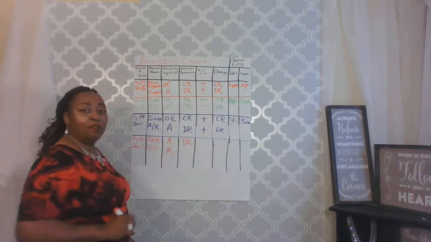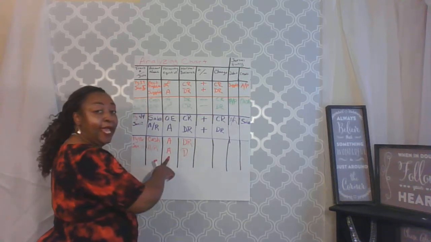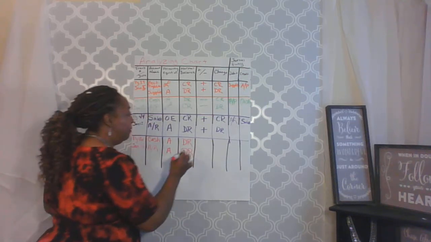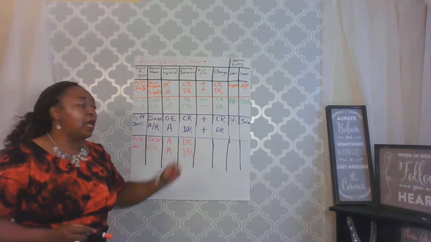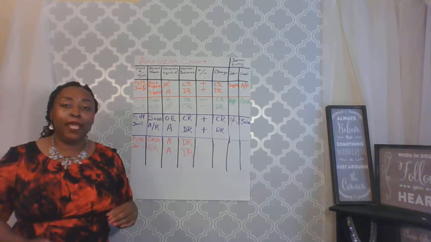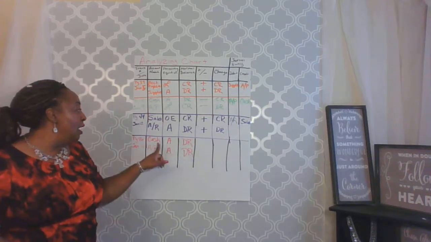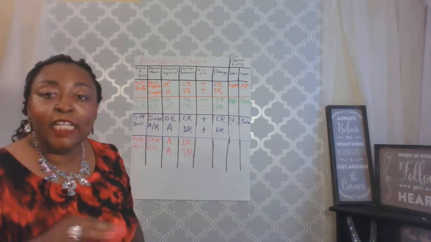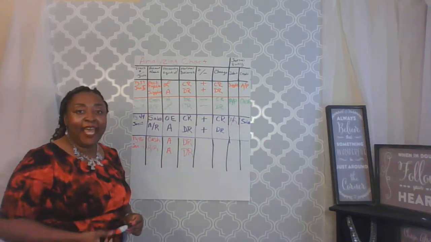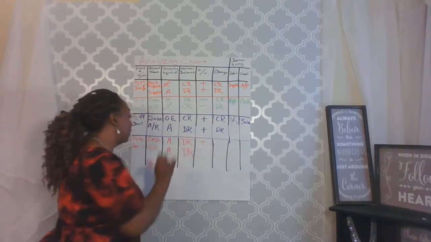What is the normal balance of accounts receivable? I'm sorry, asset and accounts receivable. It's also a debit. So our plus or minus column. Do we have more or less of cash based off this transaction? We received cash. If we receive cash, that means we have more cash. So that is a plus.